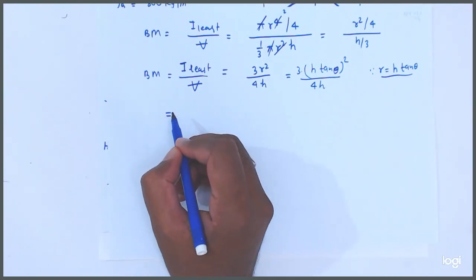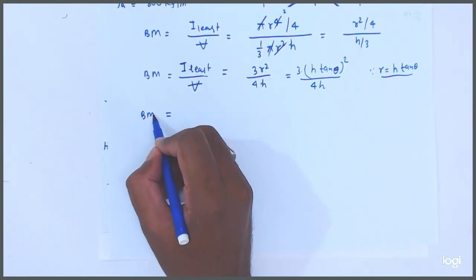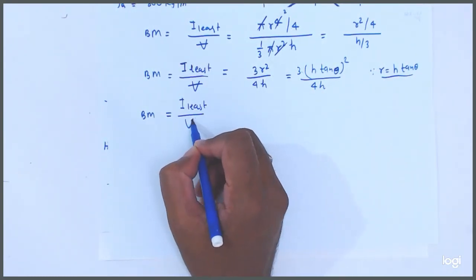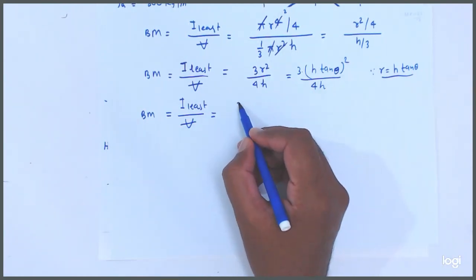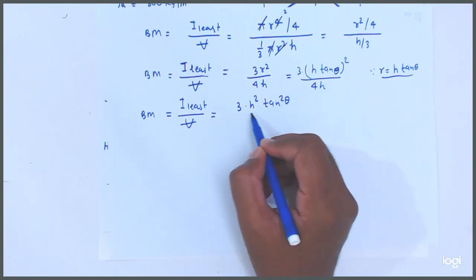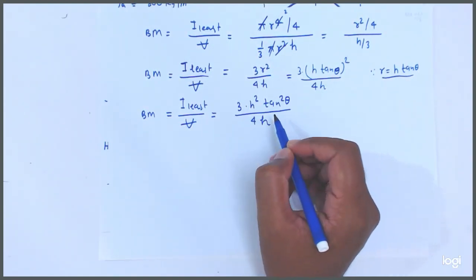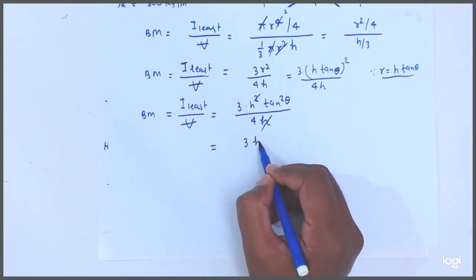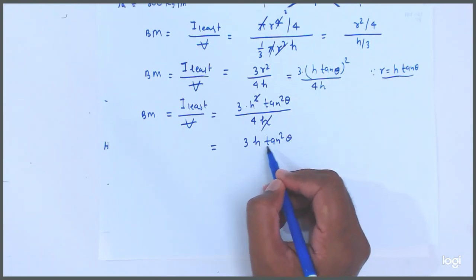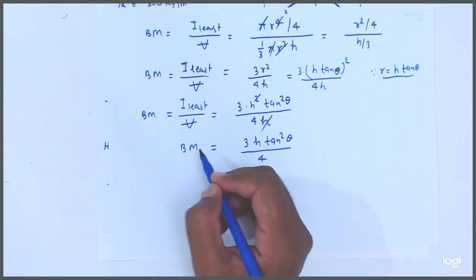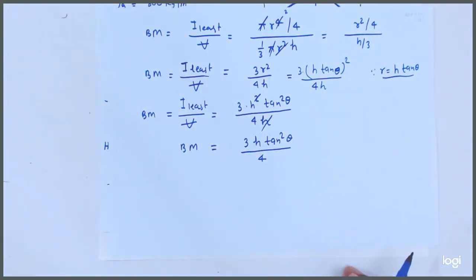So BM equal to I least divided by volume of liquid displaced is equal to 3 h² tan² theta divided by 4h. This h and square cancel out, so what is left is 3h tan² theta divided by 4. This is the BM value, or you can say I least by volume of liquid displaced.